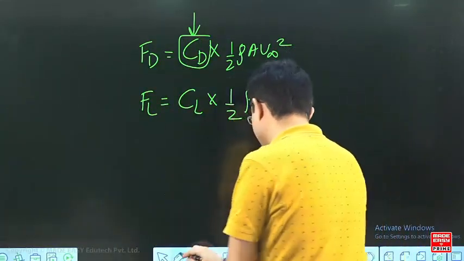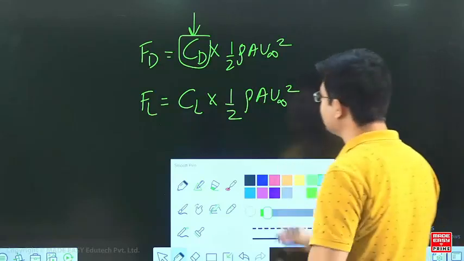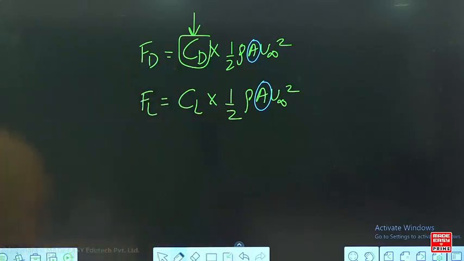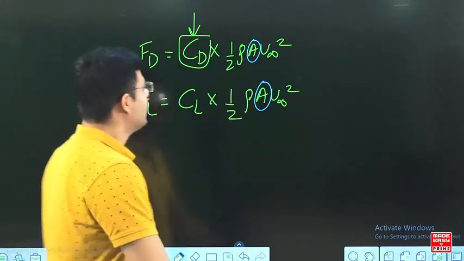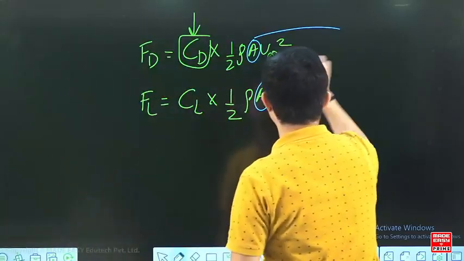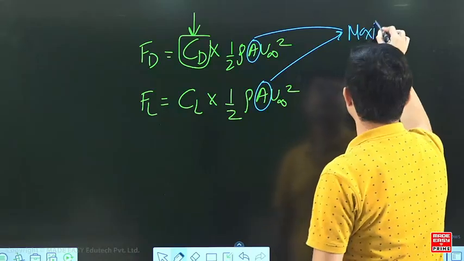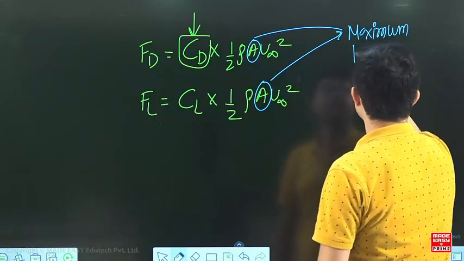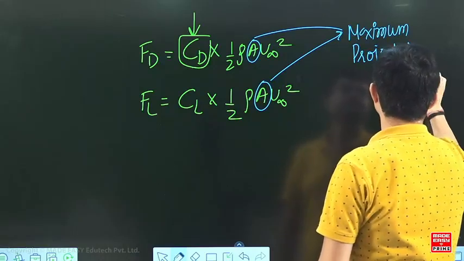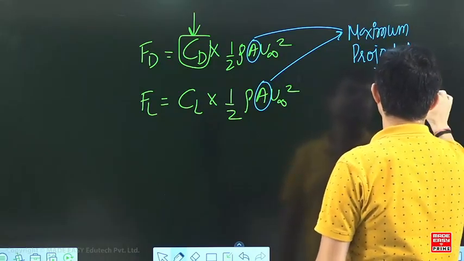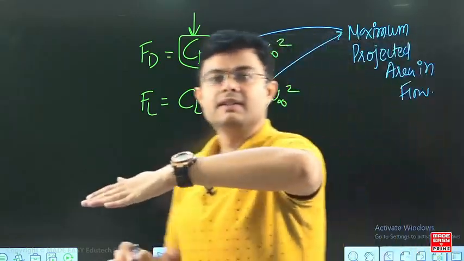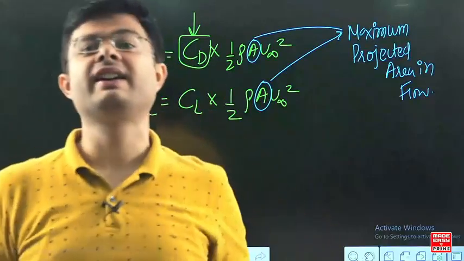Achha, one more thing. There is a problem in this A. I hope you guys know, this A is very critical in this formula. This A is not the total surface area. This A is actually the maximum projected area in the flow.